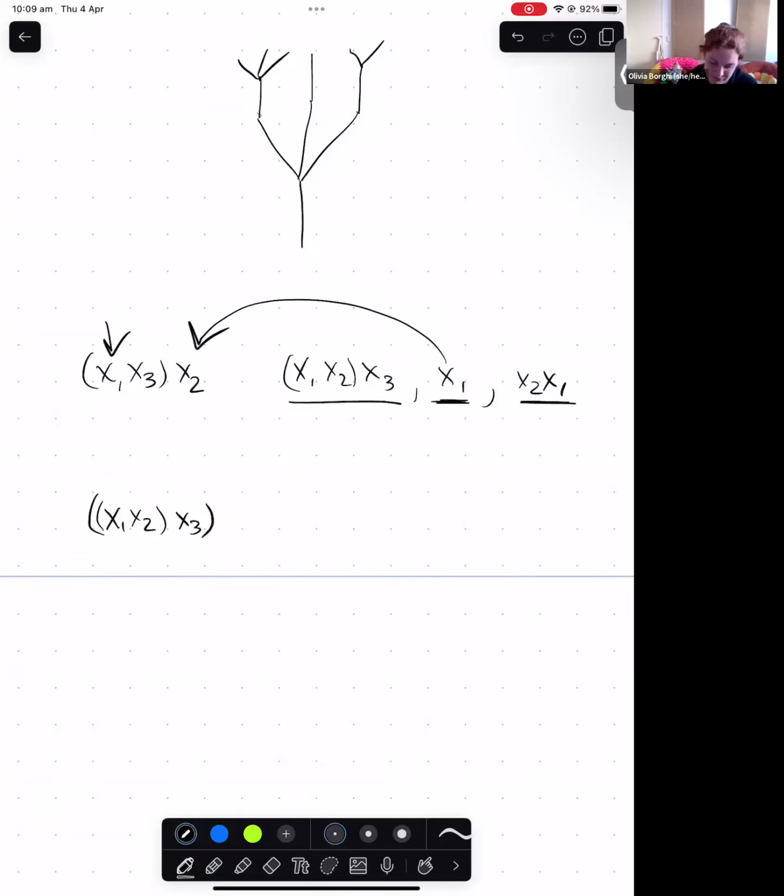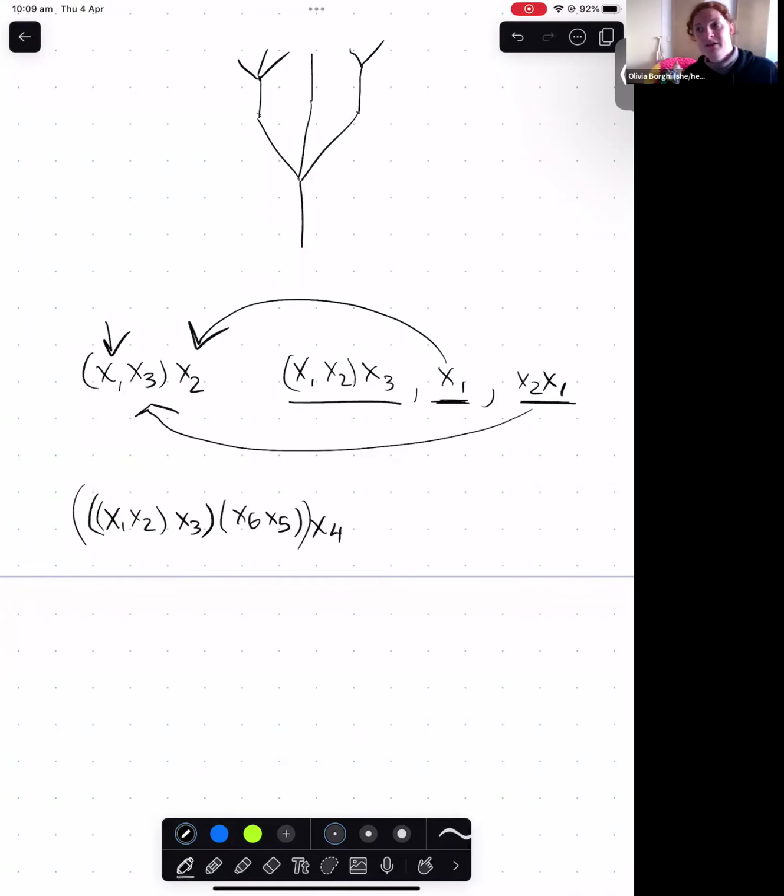But since we need to re-index, it's going to actually be x4. And then I'm going to plug x2 into here. And that one is going to be x6, x5. And we need to put parentheses around it accordingly, like this.